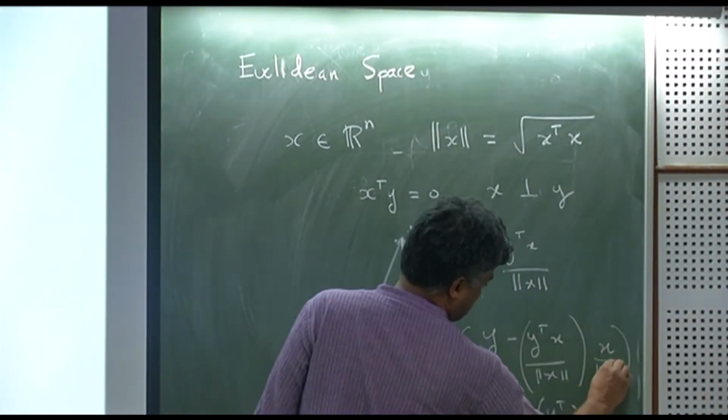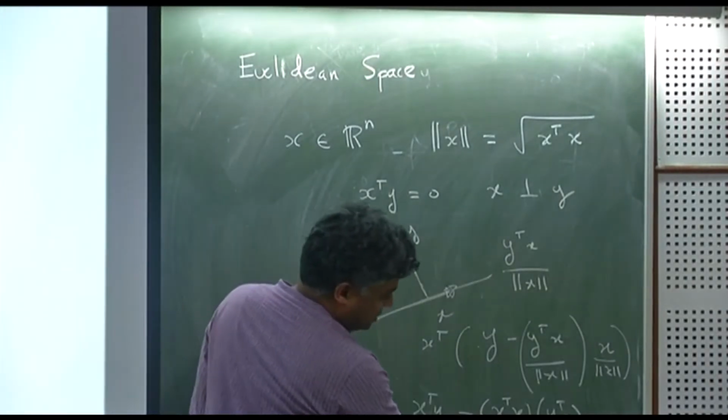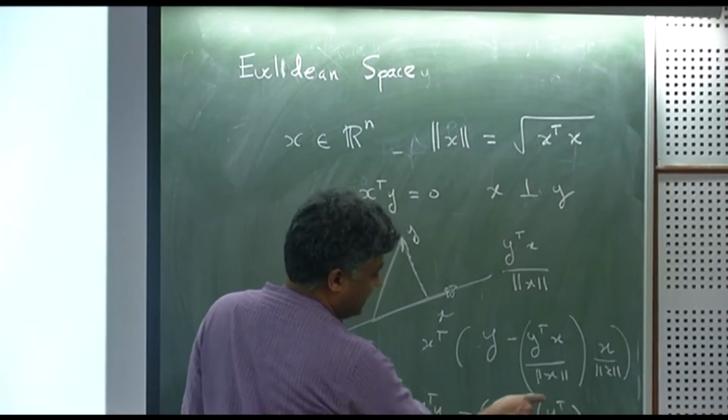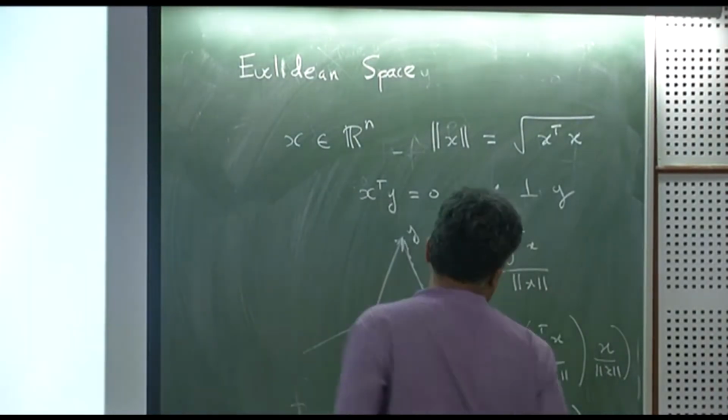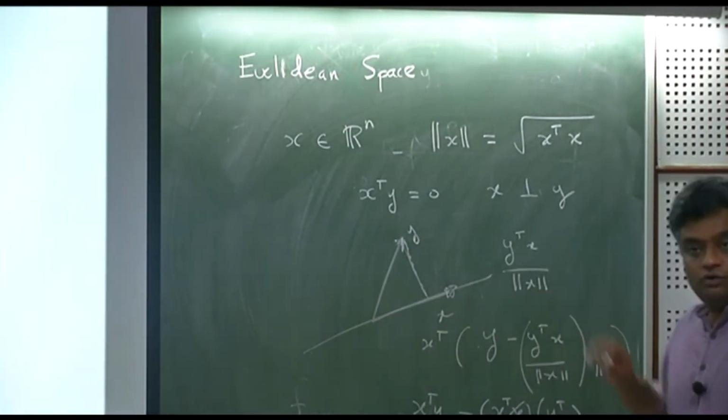Make this norm of X squared. So X transpose X and norm of X squared cancel. Y transpose X and X transpose Y cancel. You end up getting 0. So this vector is normal to X.